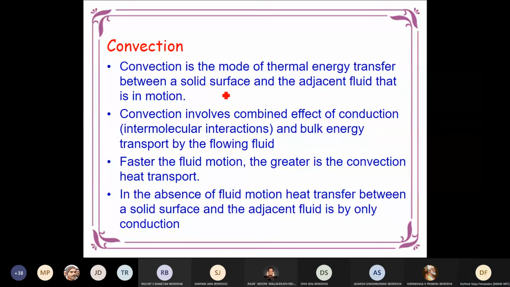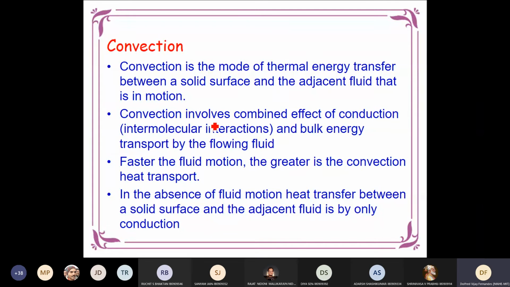But for convection heat transfer, the fluid should be in motion. So convection involves the combined effect of conduction and bulk energy transport by the flowing fluid.